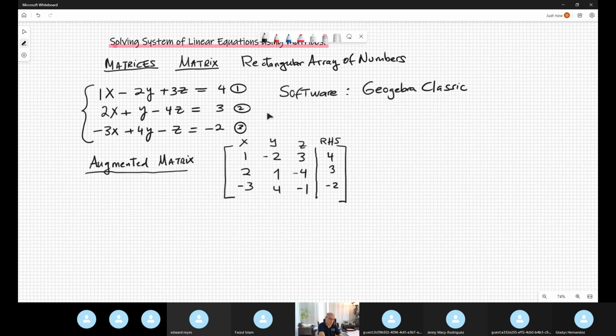Therefore, we are doing only one problem by hand because I would like you to see the procedure, the algorithm, and after that, I want to teach how to manipulate the software.